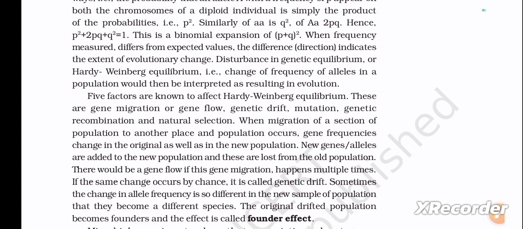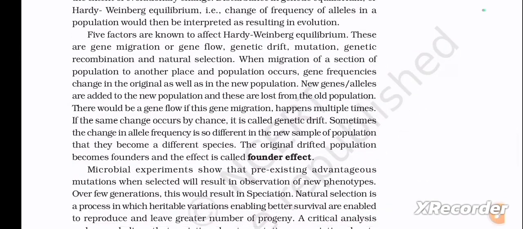When migration of a section of a population to another place occurs, gene frequencies change in the original as well as in the new population. New genes or alleles are added to the new population and these are lost from the old population. There would be gene flow if this gene migration happens multiple times.